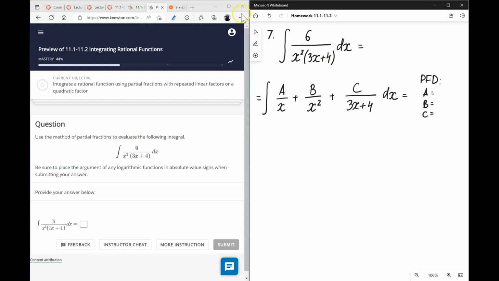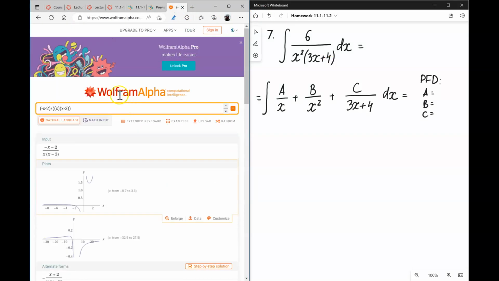Because this is not a calculus task, I'm going to delegate it to Wolfram Alpha. Wolfram Alpha will tell me exactly what the partial fraction decomposition is.